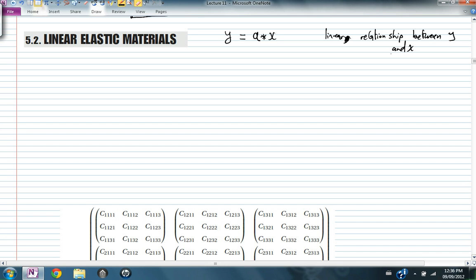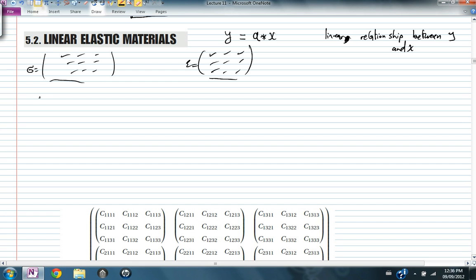Now, what we studied is that stress is a matrix, and the strain is a matrix. When we say that there is a relationship between the components of the stress and the components of the strain, we mean the following.